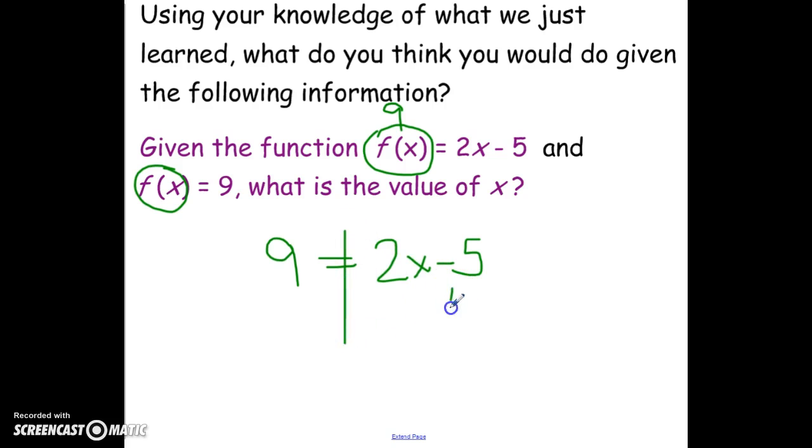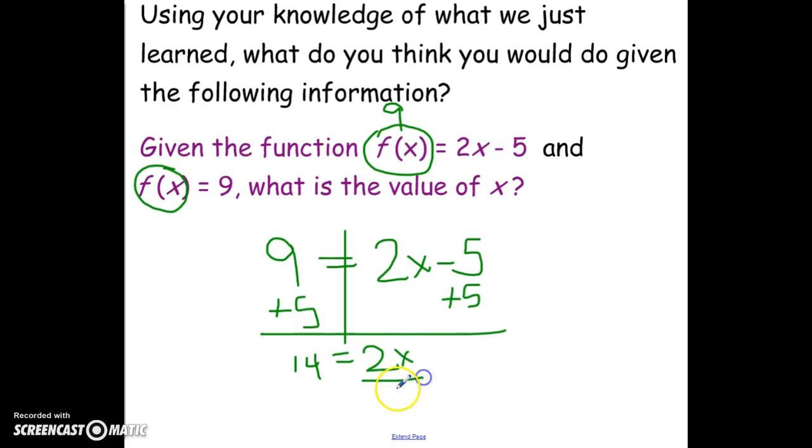So now we have a two-step equation. Add 5 to both sides. 9 plus 5 is 14 equals 2x. Divide both sides by 2. X equals 7. So when my function equals 9, x equals 7.